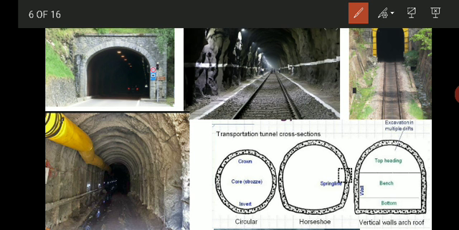Then in India there is one more tunnel called Jawahar tunnel, which is in Delhi. It is around 2.4 kilometers, an old double tube highway tunnel. So these are some important tunnel examples.